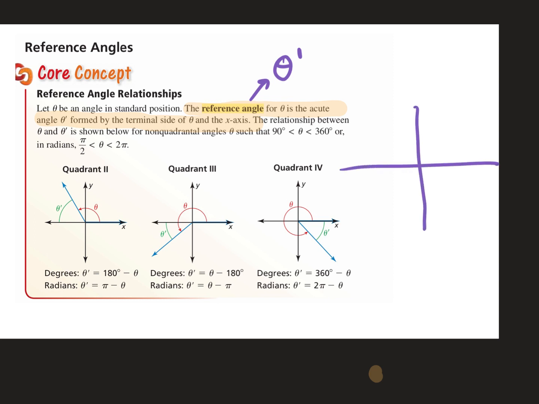Depending on what quadrant we're in, we have a different formula to come up with the reference angle. If we are in the first quadrant, quadrant 1, whatever theta is, that is what our reference angle is. Doesn't change. If we're in quadrant 2, to find our reference angle, we would do 180 minus theta.